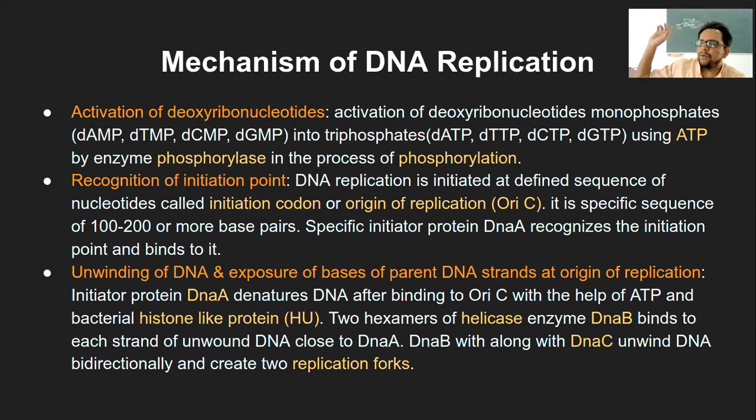No, that is what I drew. Before ATG, there are a few base pairs which we call the origin of replication. Okay, so all the 100 to 200 base pairs are called the origin of replication. Yeah, whatever that number is. Okay.